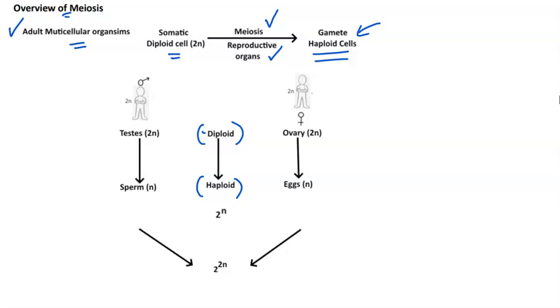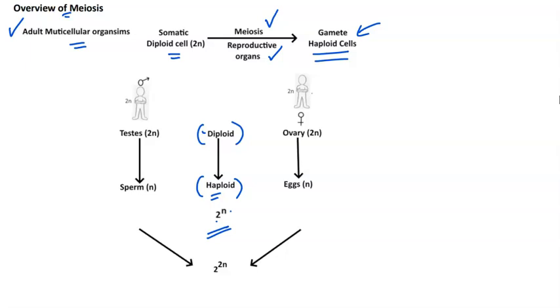Now because of the ways in which the homologous pairs separate during meiosis I, what we're able to theoretically calculate is that the number of gametes that you can get based on the different combination of chromosomes in the haploid is 2 to the power n, where n is the haploid number.